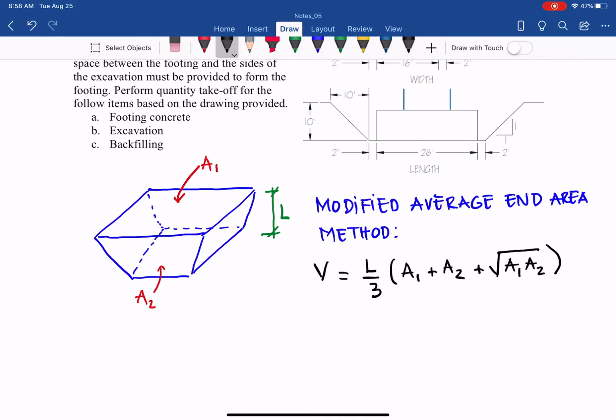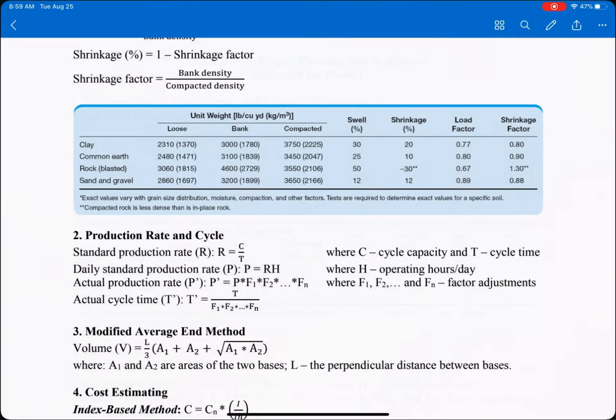And that is the volume. If you know the depth or the height and the area of both ends of the shape, then you can determine the volume with the modified average end area method.